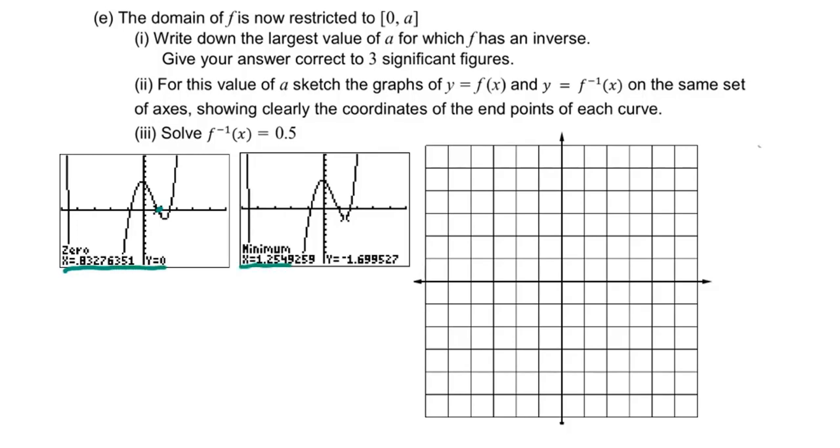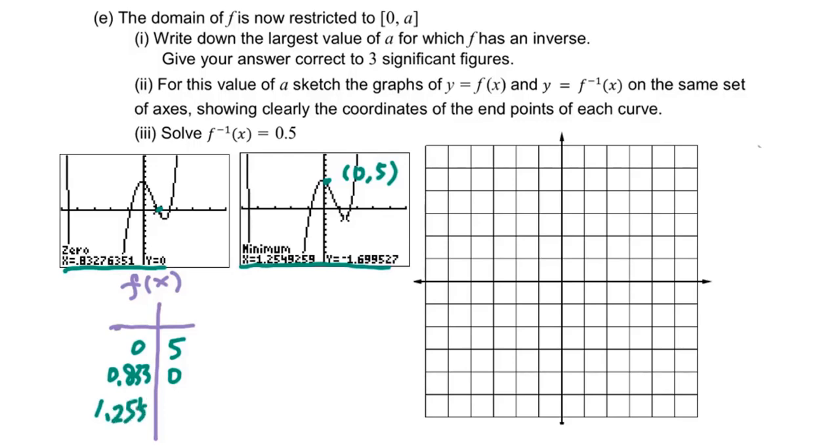Then the minimum value will be 1.255, negative 1.699. And this point will be 0.5. Therefore, we will set up the coordinates for f(x). You will get 0.5, 0.8330, and 1.255, negative 1.70.